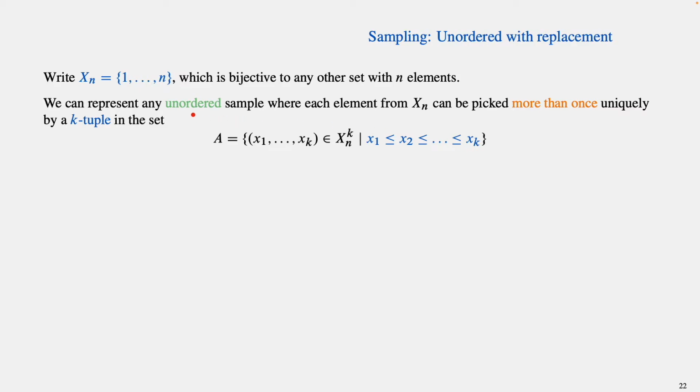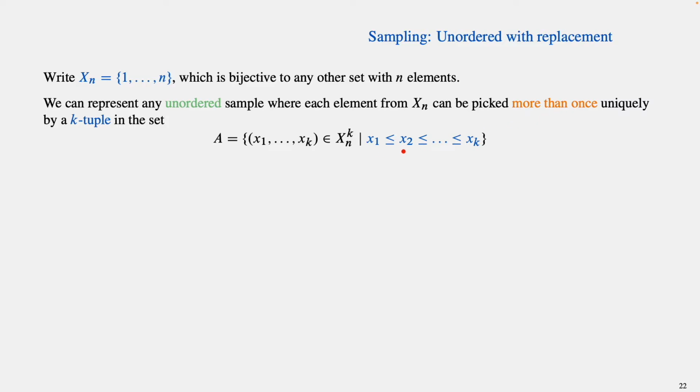So if I have an unordered sample of elements from X_n, I might as well arrange the elements in the sample in such a way that the lowest elements come first, then the next lowest, up to the highest elements. And I have less or equal here because I can pick more than once, so it's possible that I pick the same element multiple times.